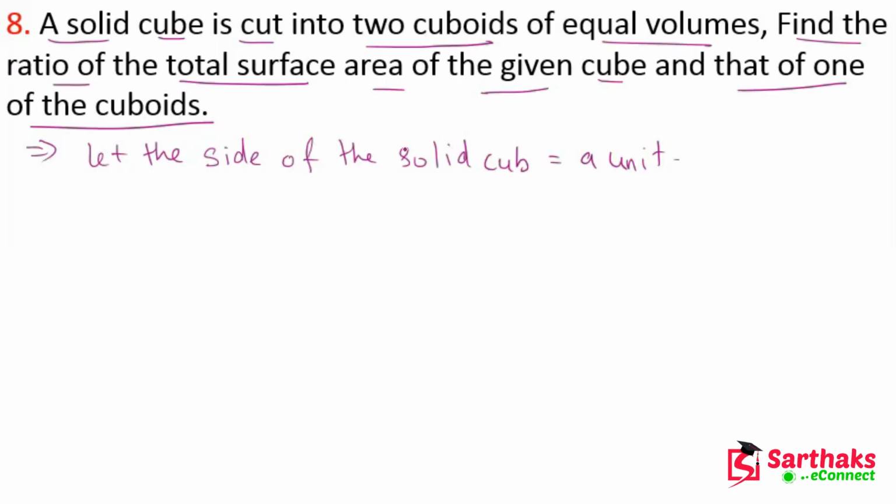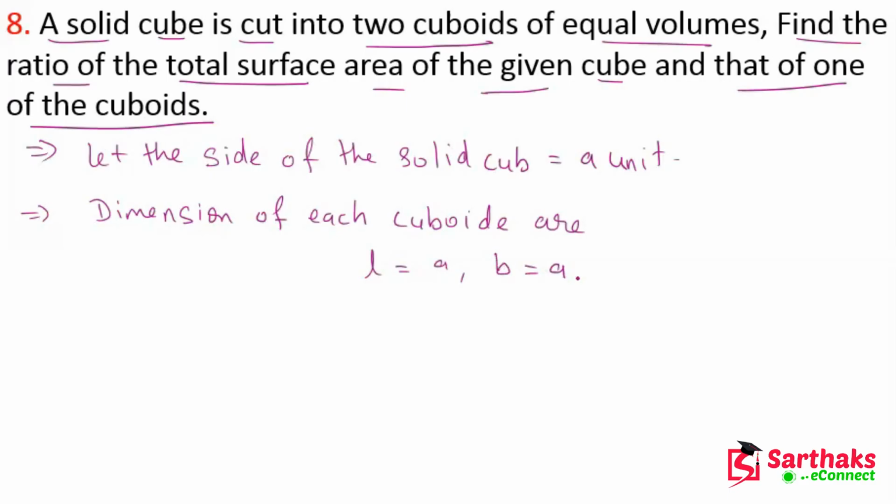Therefore, the dimensions of each cuboid are: length is a units, breadth is a units, but height is a upon 2 units.